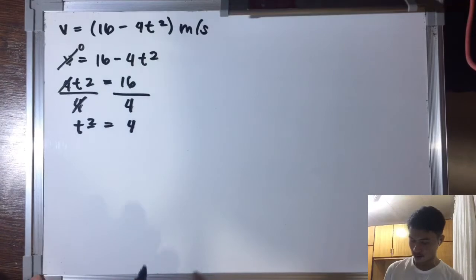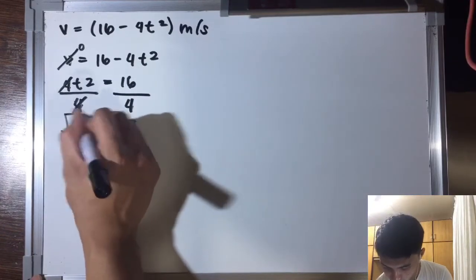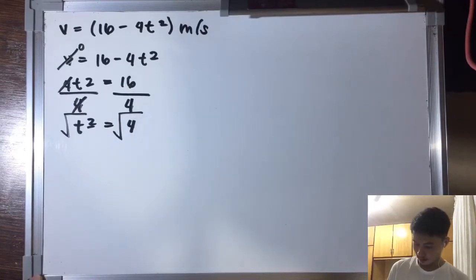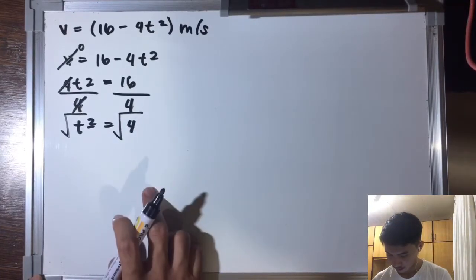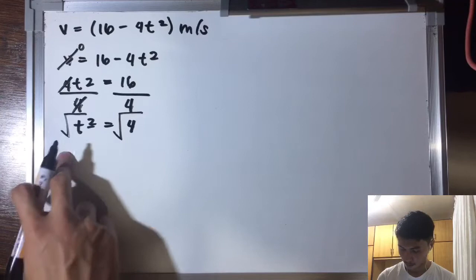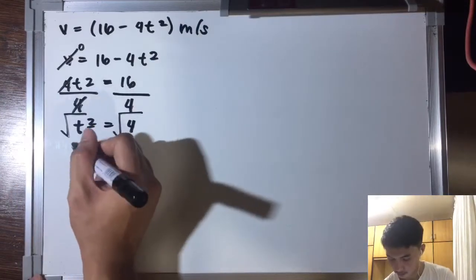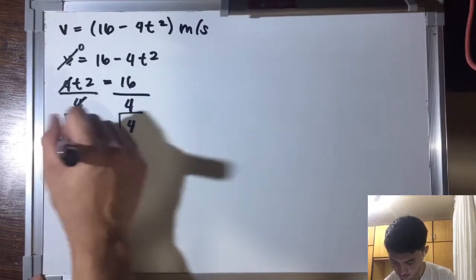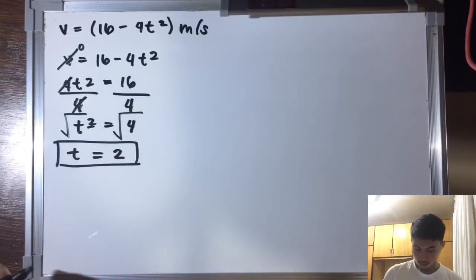To omit this exponent, we can solve for the square root of both sides. The square root of t squared is t. The square root of 4 is 2. So the value of t is 2.